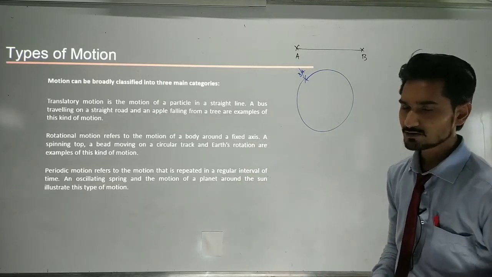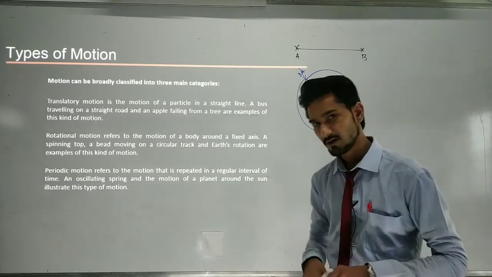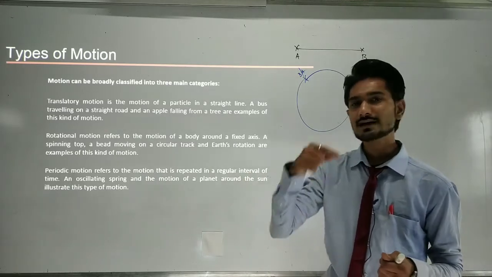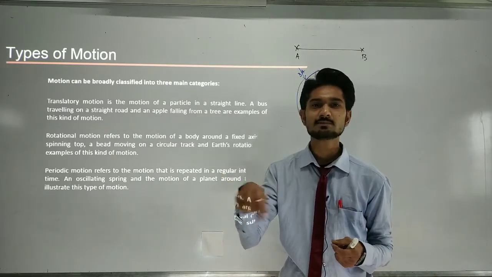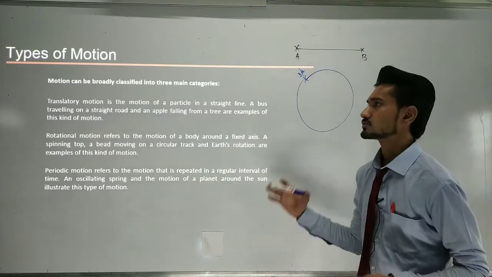And last but not least, there is periodic motion, which we saw in the pendulum. When an object comes back along the same path and repeats the same motion, that is considered periodic motion.